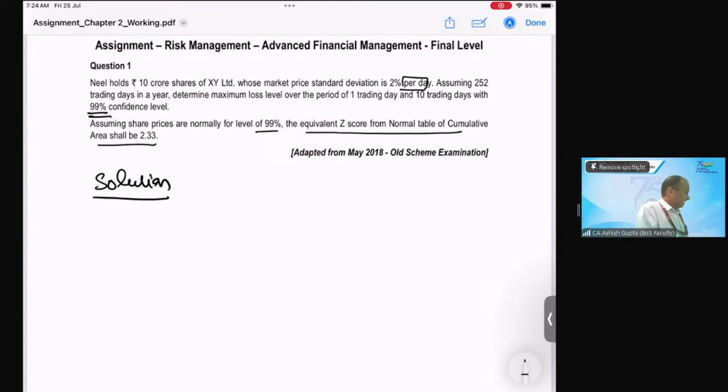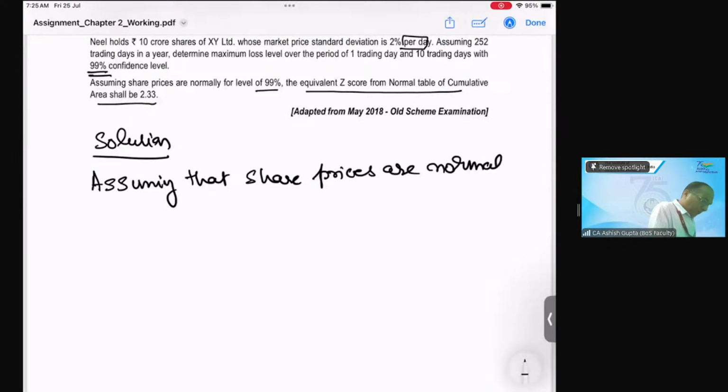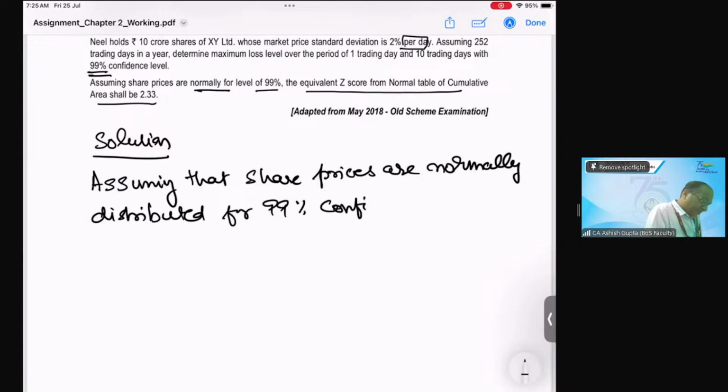Now let us start solving the question. Since the prices are normally distributed, for a 99% confidence level the equivalent Z score is 2.33.